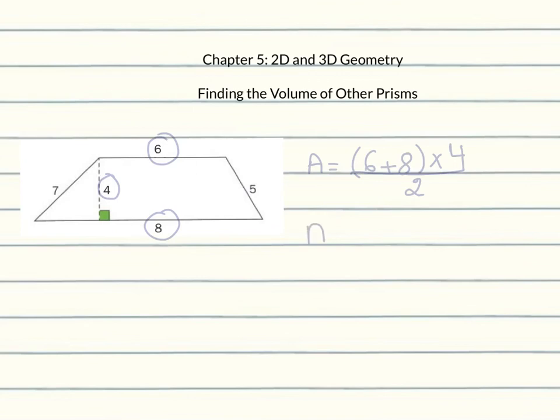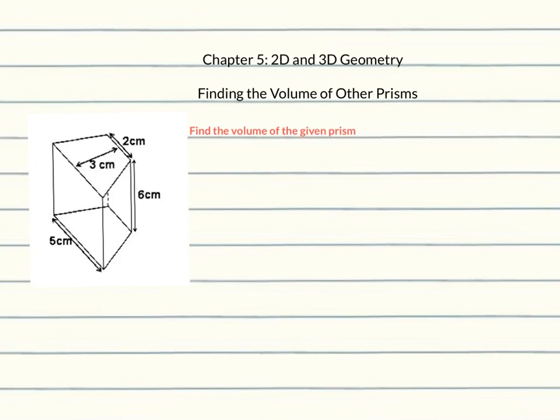So the area of this trapezoid is equal to 6 plus 8 is 14, multiplied by 4, all divided by 2. The answer will be 28. We don't forget that each area has a unit. Here the unit is not clear, so we simply write it's a unit, whatever the unit used, to the power of 2.